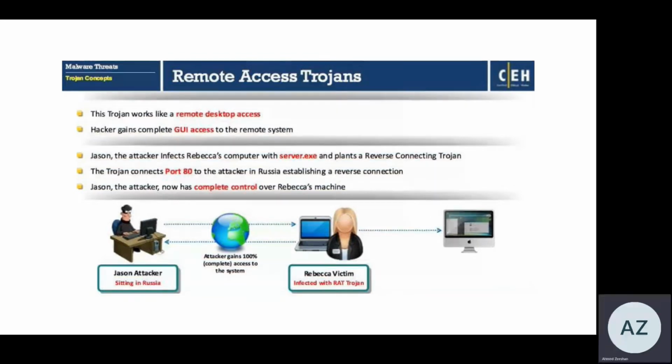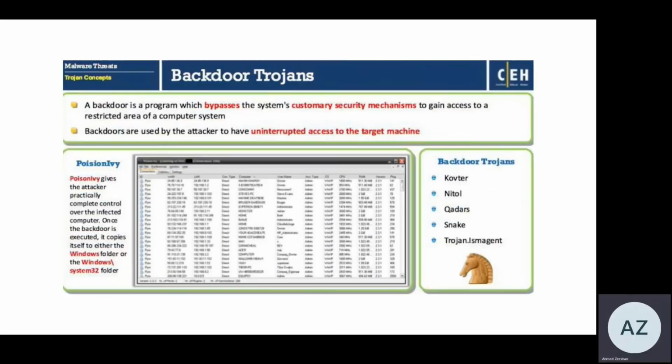For example, Jason is our attacker sitting in one of the bad places, and he can gain 100% access to one of you guys who gets infected with the Red Trojan. Red Trojan is a remote access Trojan that gives full remote access to the attacker. It uses port number 80, it is pretty much out there, guys, and you need to be very careful with it.